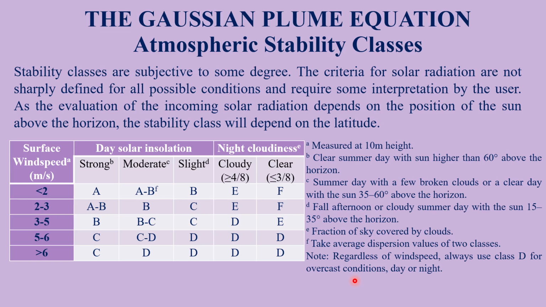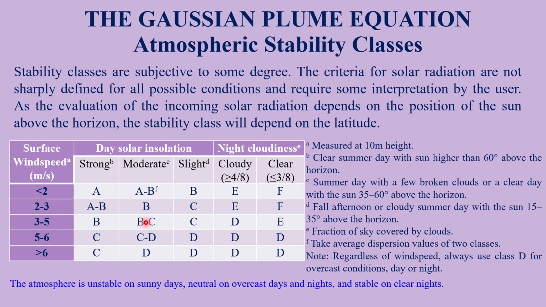So with this table, we will know that the atmosphere is unstable on sunny day, neutral on overcast days and night, and stable on clear nights.